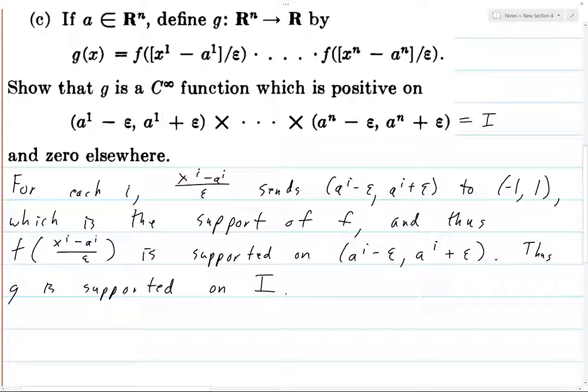And so when you look at g, it's going to be a product of numbers, all of which are positive, and so the product will be a positive number. Okay, so by that reasoning, g is supported on I, i.e. g is positive on I and 0 elsewhere. So all we need now is to prove that g is C infinity.